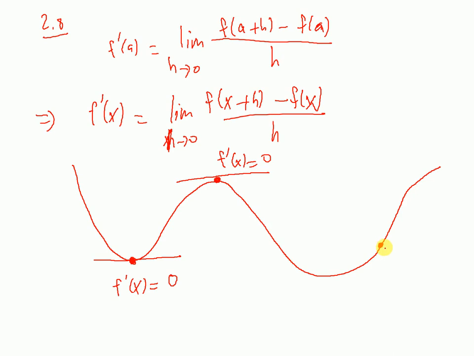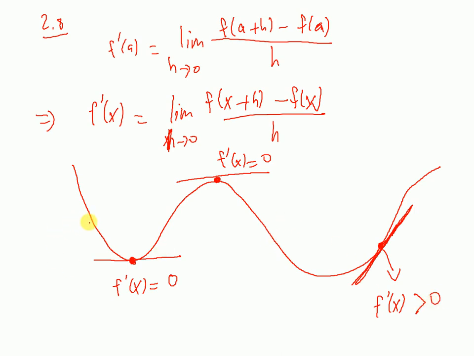I have to draw the tangent line. The tangent line to this point is this line, which is not horizontal, but it's a linear function, and it looks like it's increasing, it's going up. So you can say that the derivative at this point is bigger than 0.